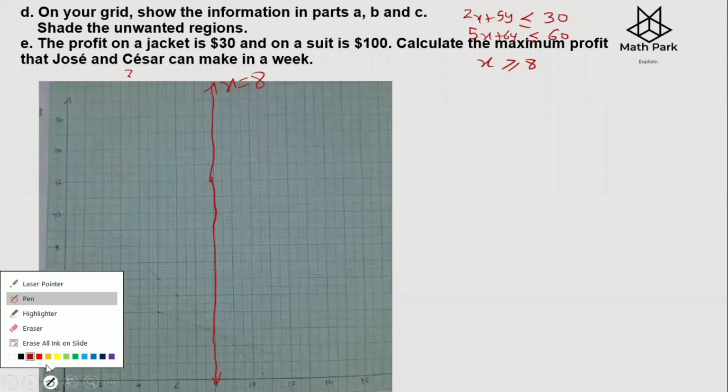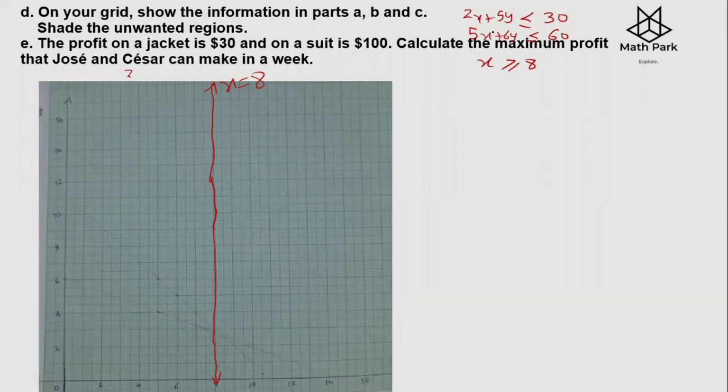Now let us draw another line, 2x plus 5y is equal to 30. Let us create a table of x and y. If x is 0, you get 5y is equal to 30, so y is 30 by 5, which is 6. If y is 0, you get 2x is equal to 30, so x is 30 by 2, which is 15.